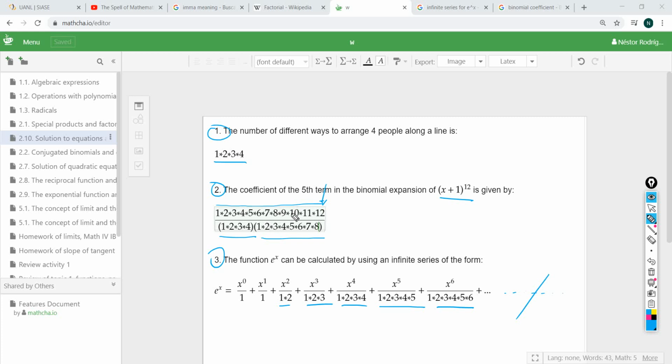So instead of writing 1 times 2 times 3 and so on up until 12, we're going to say 12 factorial, and I'm going to represent this idea by this symbol. So 12 factorial will be equal to 1 times 2 times 3 times etc. up until 12. It's a much more manageable way to write a very large product.